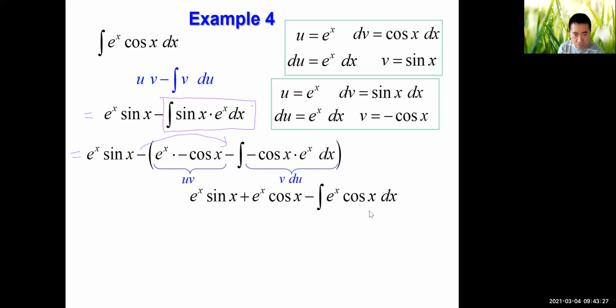Now, what happened is we have another integral to do, and this integral, unfortunately, is the same as the original integral. Originally, we felt like we got stuck, because you have a product of two functions again and we cannot do it directly.